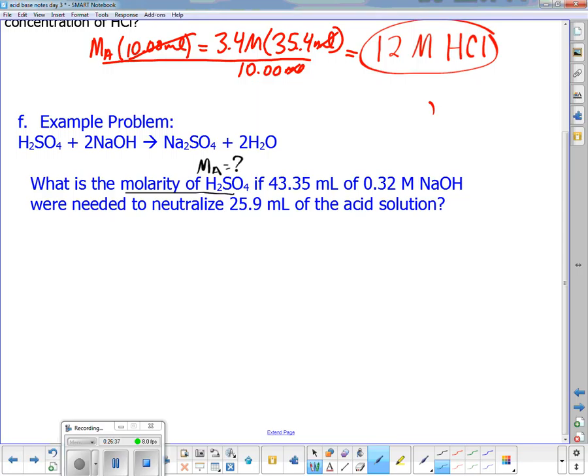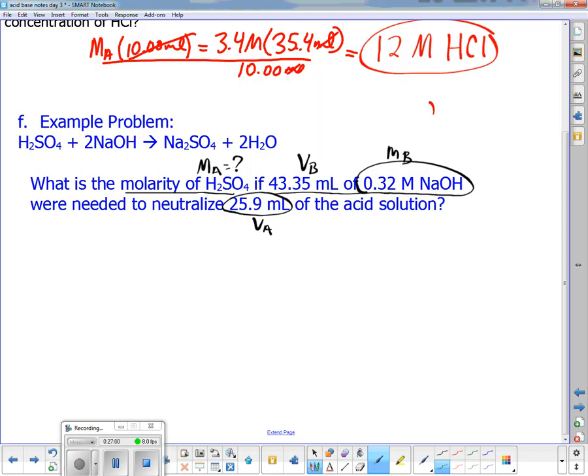I don't know what that is. But I've got that I used this volume of this. So this is my volume of my base, and this is my molarity of my base, because those two are tied together. And I put in how much of the acid to start with. Well, that's right here. So that's my volume of my acid.